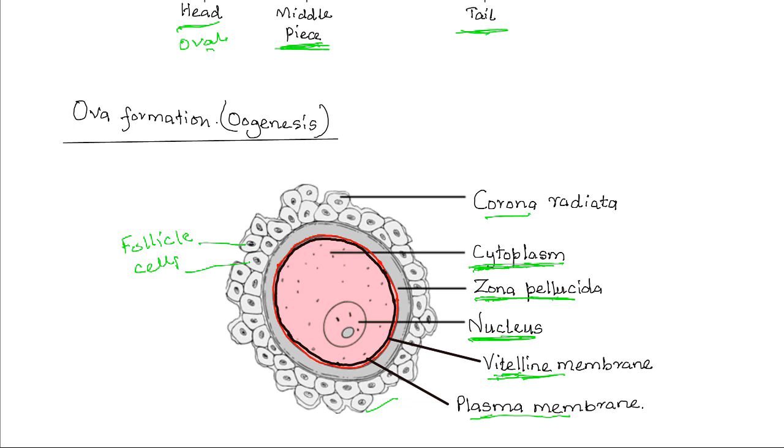So they still remain clinging onto the ovum, even though they've played their part of providing nutrients when the ovum was still developing in the ovary. In addition, these follicle cells provide protection to the ovum until fertilization has taken place.